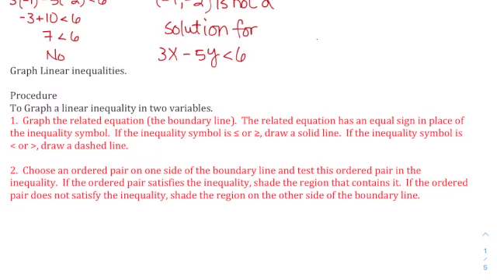If the ordered pair satisfies the inequality, shade the region that contains it. If the ordered pair does not satisfy the inequality, shade the region on the other side of the boundary line.